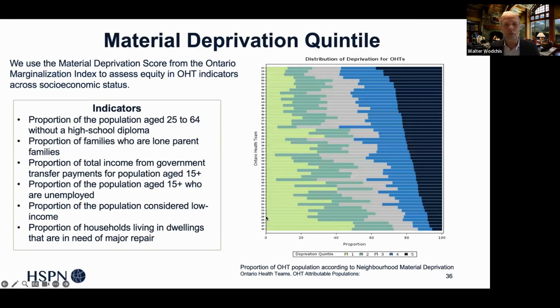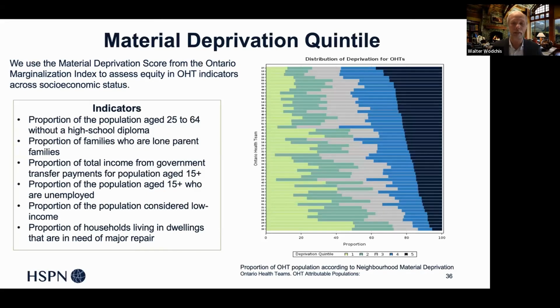So material deprivation, this is the graph on the right, shows in each OHT the proportion of the population that live in most deprived neighborhoods versus least deprived neighborhoods. So a low deprivation quintile, the very bright green, that is a relatively wealthy neighborhood, not a lot of deprivation. Those indicators that go into the deprivation index are shown on the left side of this screen.